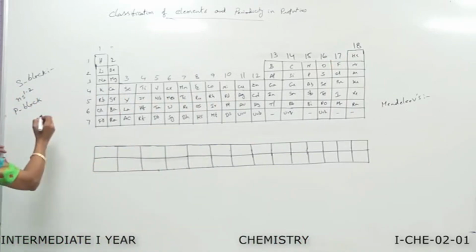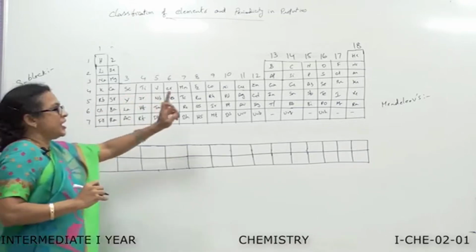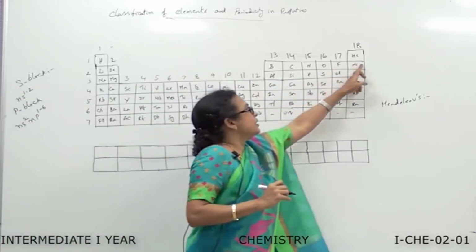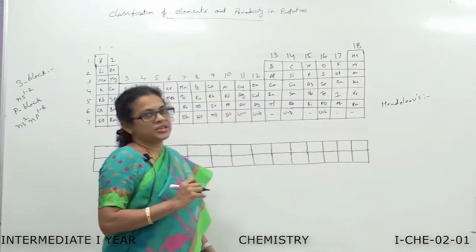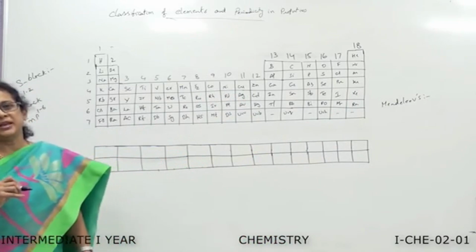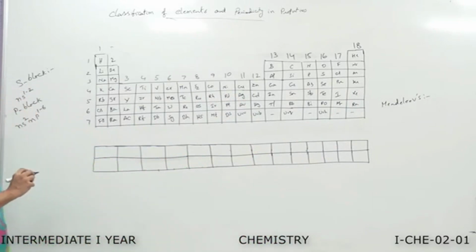In this, the general electronic configuration is ns2, np1-6. Each and every period ends with the noble gas or inert gas, which has the configuration ns2, np6. These p block elements are metals, metalloids and non-metals.